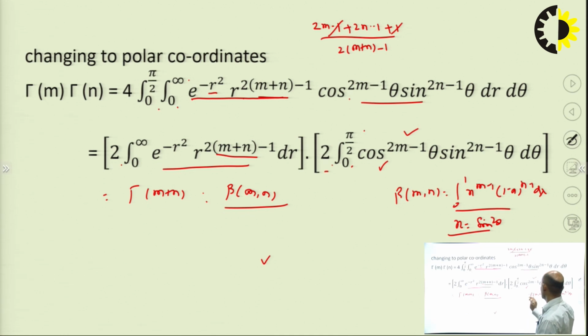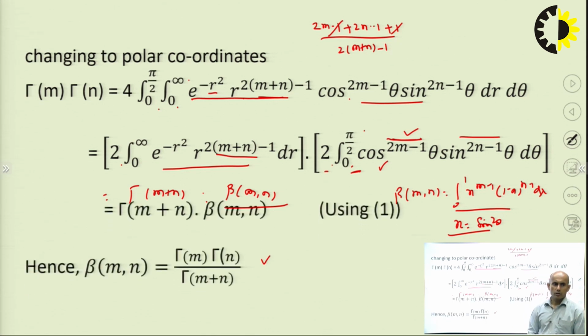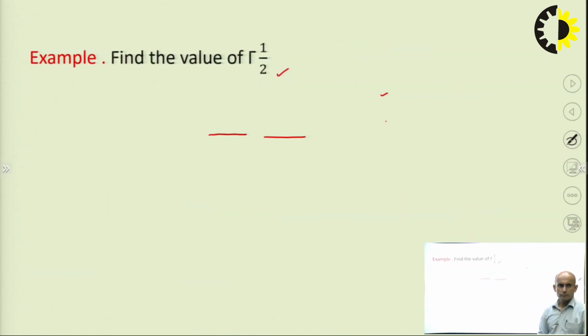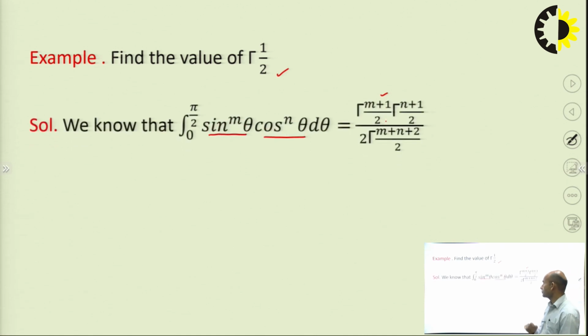We can discuss this formula with the help of this one. If we replace this value with m and this with n, then we get the same value here, since beta m n equals gamma m gamma n upon gamma m plus n.